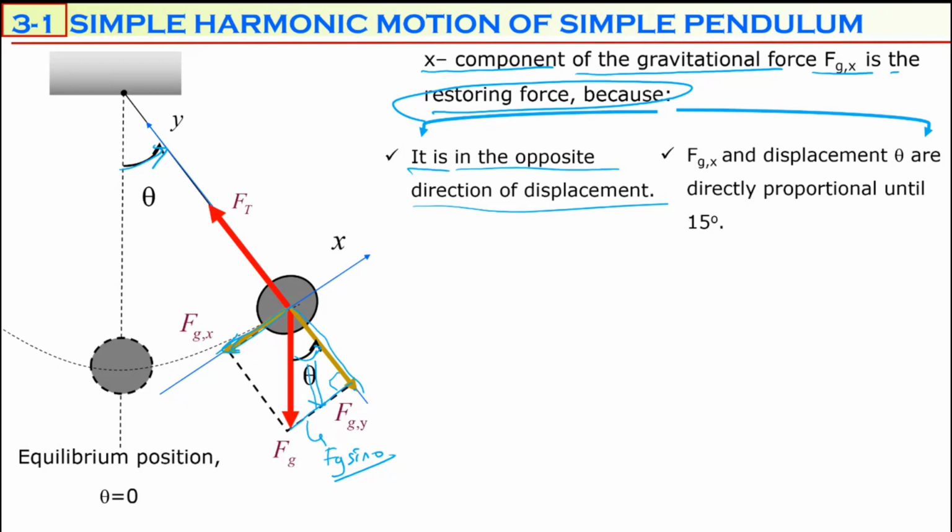That's why your book is telling you that, yes, every book is saying something different, but your book is telling that it is less than 15 degrees. So this proportionality between Fgx and theta is possible. So Fgx and displacement angle theta are directly proportional until 15 degrees, angle less than 15 degrees.